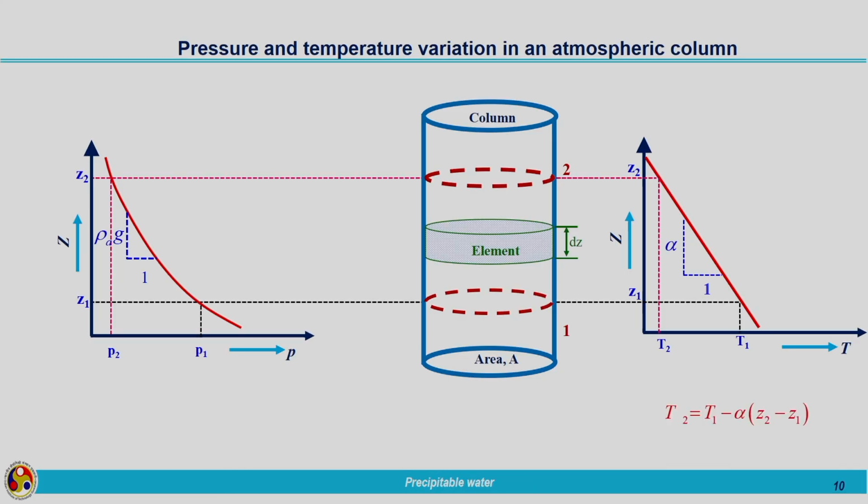So, the temperature relationship is T2 is equal to T1 minus alpha multiplied by (Z2 minus Z1), and the pressure P2 is given by P1 multiplied by (T2 by T1) to the power of g by R alpha. I hope the relationship between P1 and P2 and T1 and T2 is clear to you.